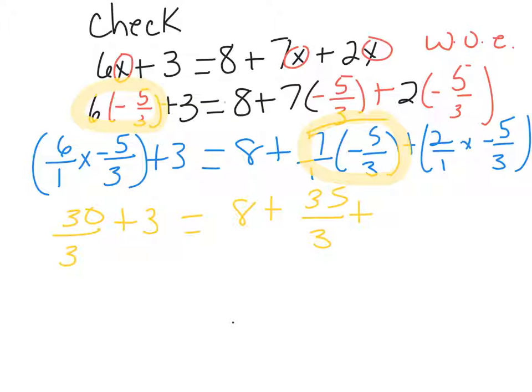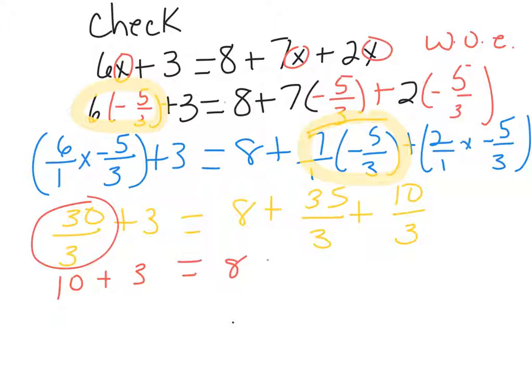Plus, this is 2 times 5, 10 over 3. We're going to come back over here real quick because this will turn right here is 10 plus 3. And over here we have 8 plus 45 over 3.